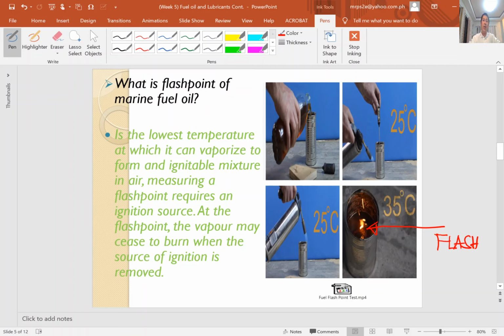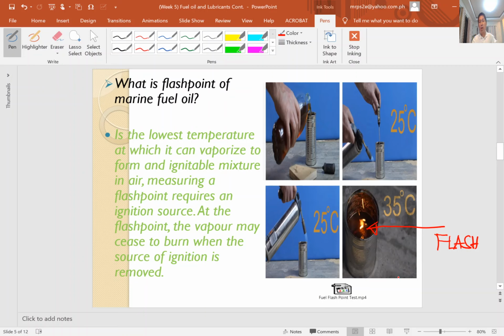Why we need to know the flash point of the oil is very important. It is because when you store it, when you put it into the tank as storage of the oil, you need to know the flash point.